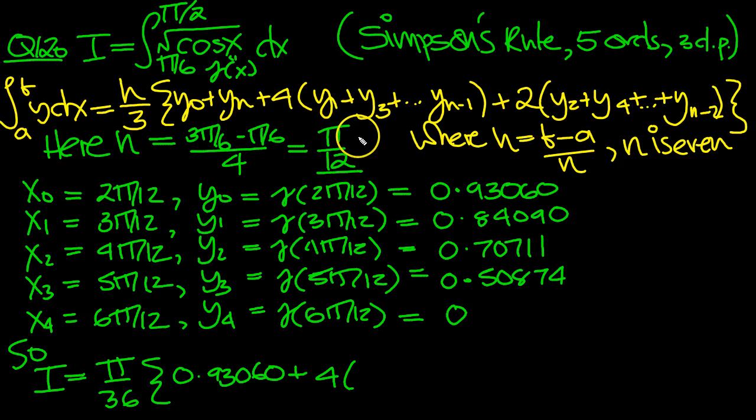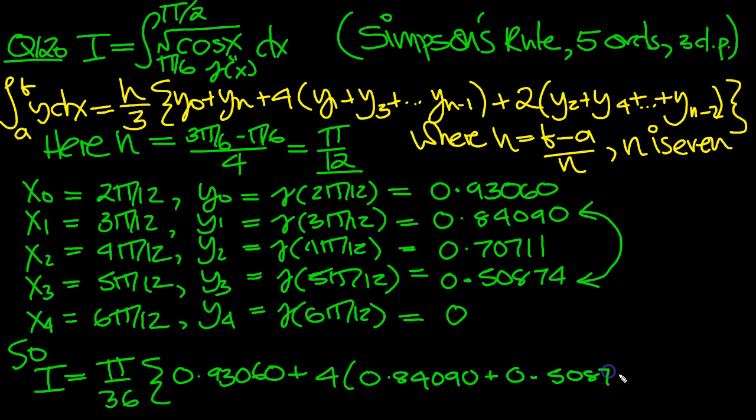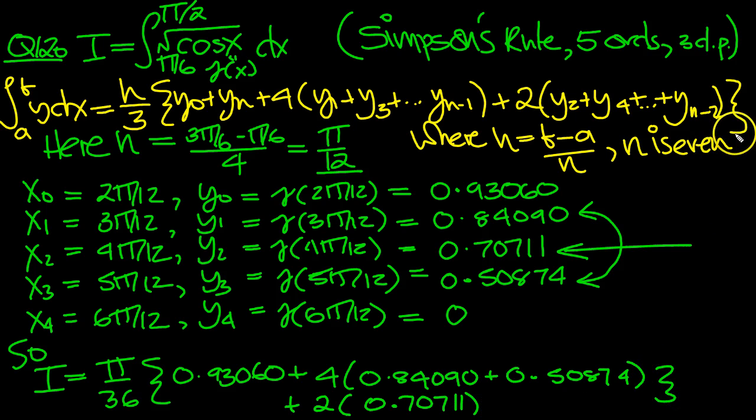Here's the odds, 4 times, so that one and that one: 0.84090 plus 0.50874 plus 2 times the evens now. And there's just one even, 2 times all the evens other than the first and the last, which is this one, 0.70711. Close that bracket and then close the bracket at the end.